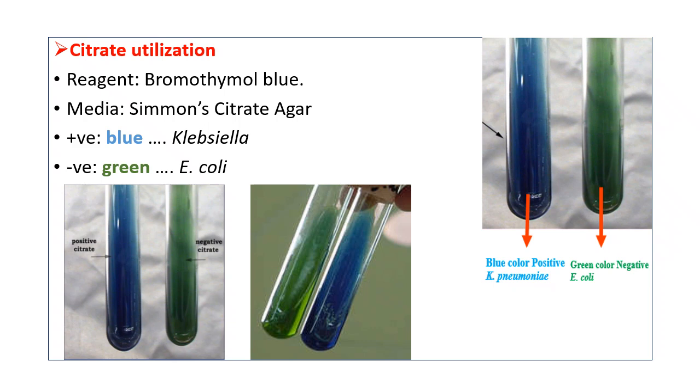The most common bacteria that have the ability to use citrate as a source of carbon and energy is Klebsiella pneumoniae, while the negative result is indicated by green color with no growth, like E. coli, because they don't have the ability to use citrate as a carbon source.